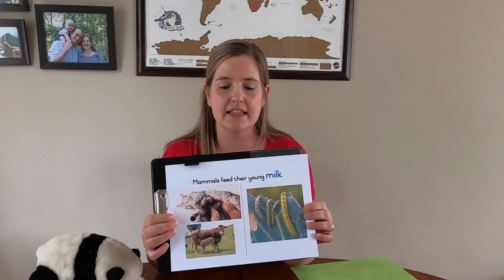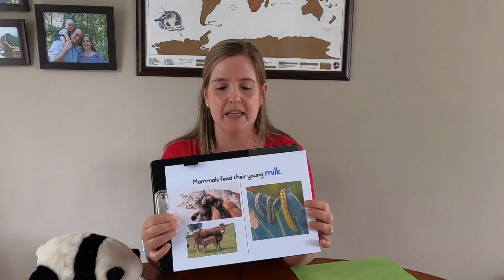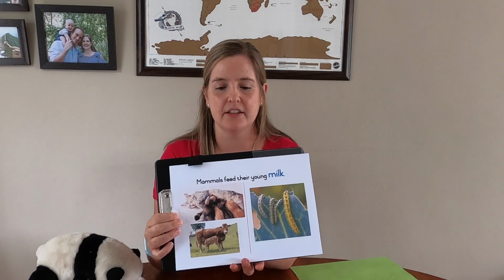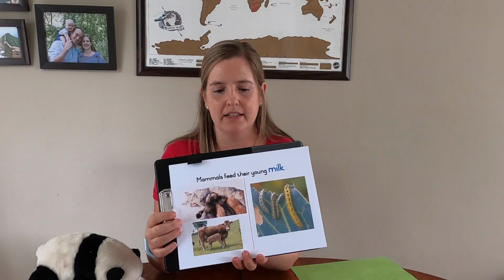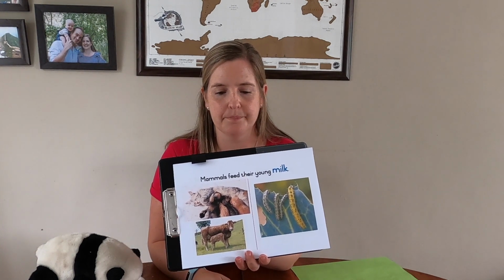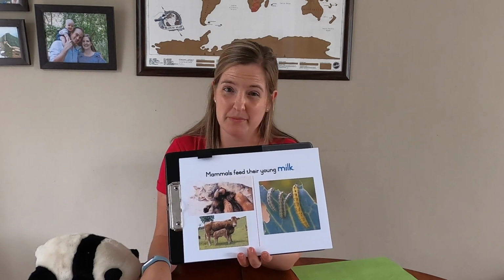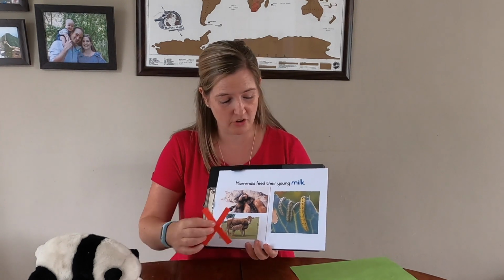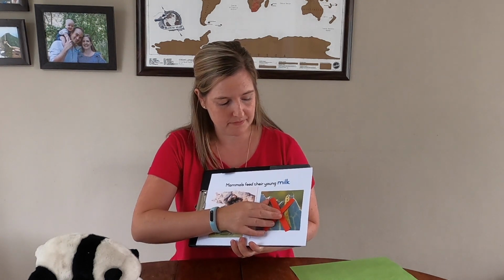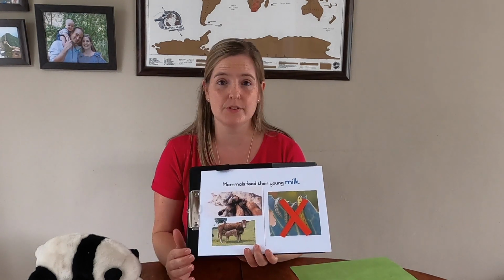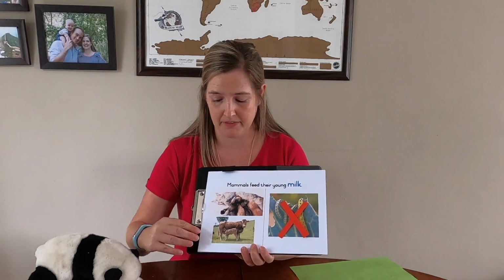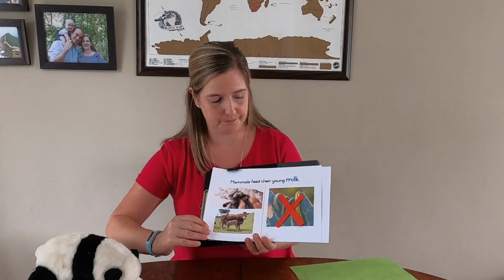And on the other side, there's a worm with her babies eating leaves. So which one is feeding their young milk? The cows are, the cats are, but the worms can't be mammals because they're not feeding their young milk. Those little worms are eating leaves, so they are not mammals. Okay, let's have a look at the next one.